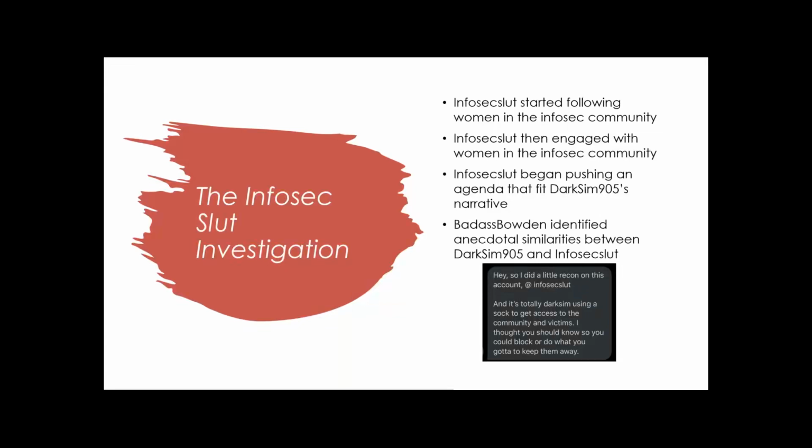Badass Bowden identified anecdotal similarities between DarkSim905 and the InfoSec slut. This is what triggered the investigation and what led to the correlation between DarkSim905 and the InfoSec slut account.